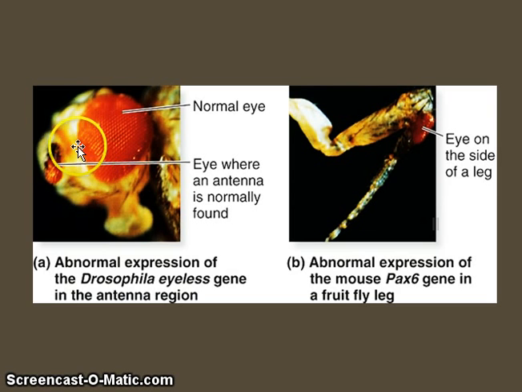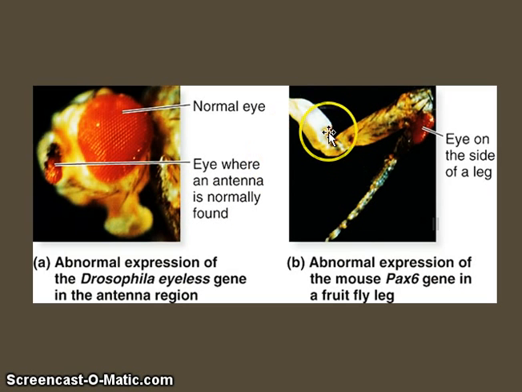So, as we can see looking at this photo, when the eyeless gene was expressed in the antennae region, an eye was formed where the antennae should have grown. That's pretty crazy. And they also experimented with the Pax6 gene of a mouse and found that by expressing it in fruit flies, it also resulted in the formation of eyes.